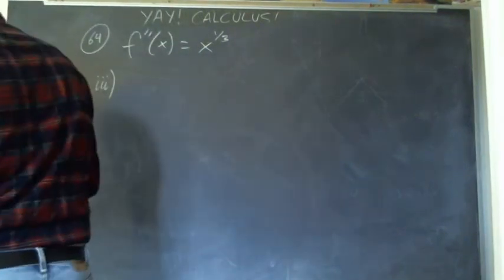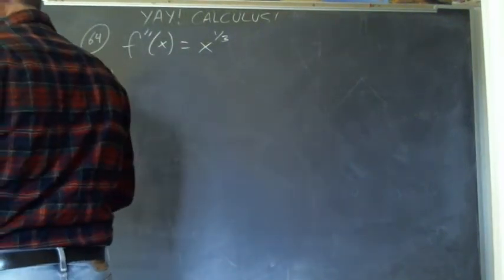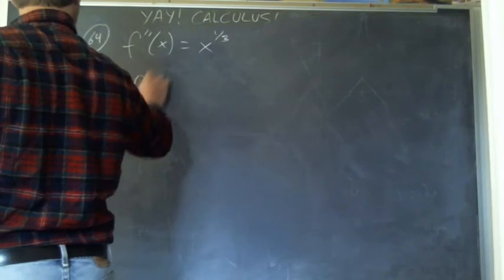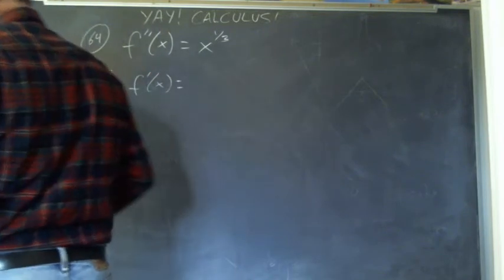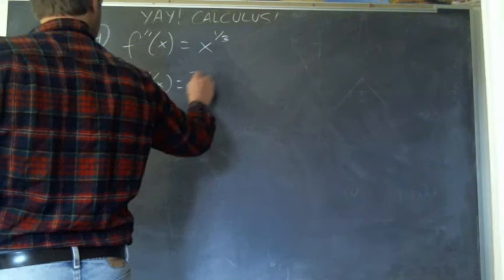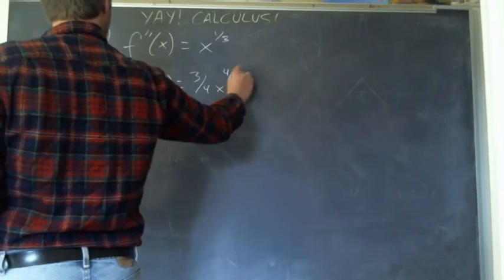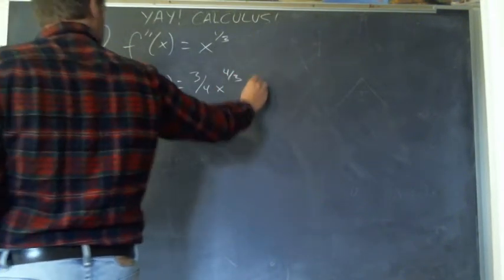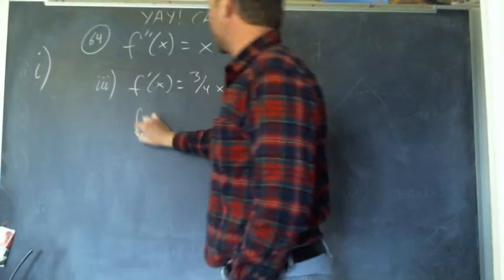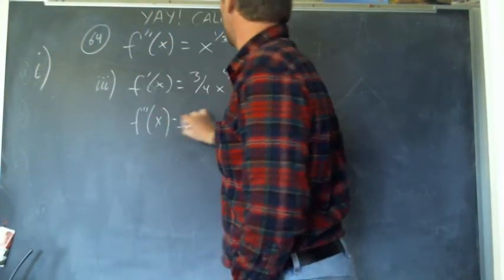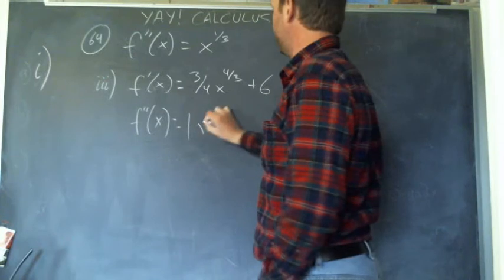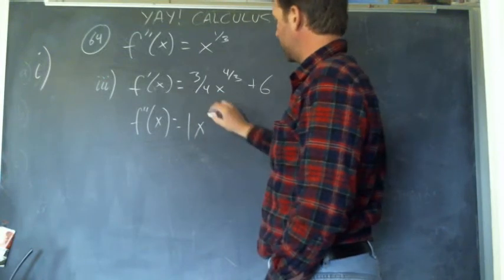Third one is f prime of x equals 3/4 x to the 4/3 plus 6. So we take our next derivative. 4/3 times 3/4 is 1. X to the 4/3 minus 3/3 is 1/3.